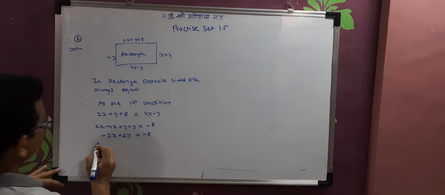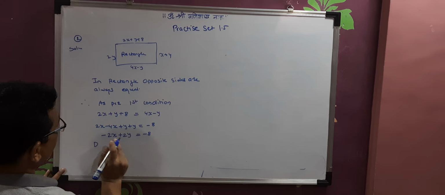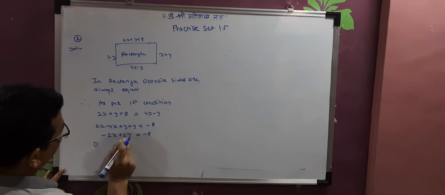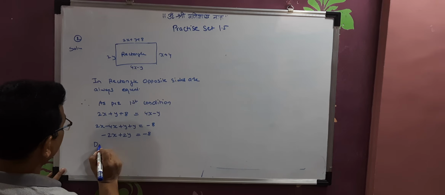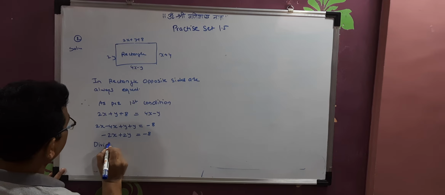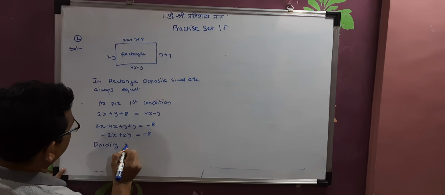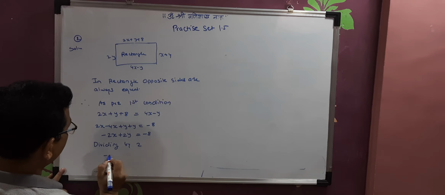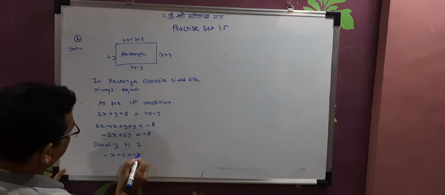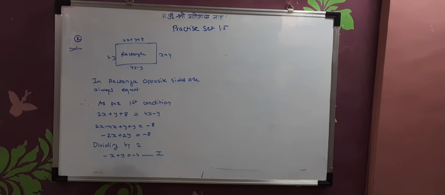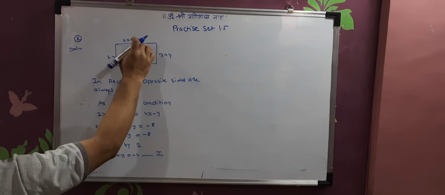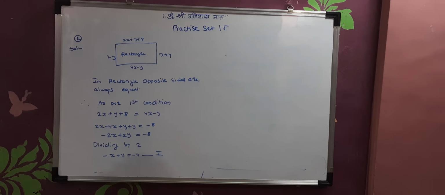So dividing by 2, 2 and 2 are common, and 8 is divisible by 2. What answer will come? Minus x plus y is equal to minus 4. We got the first equation because the opposite sides of the rectangle are always equal.